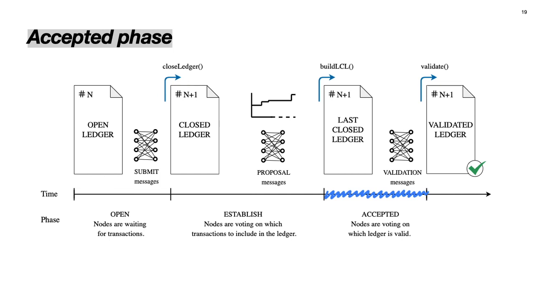The node constructs the next ledger, or the last closed ledger, by applying decided transactions. This ledger is signed and broadcast to other nodes in a validation message, as we can see in this graphic.